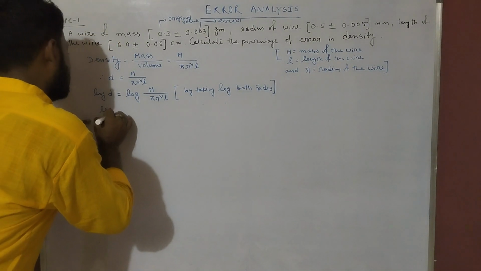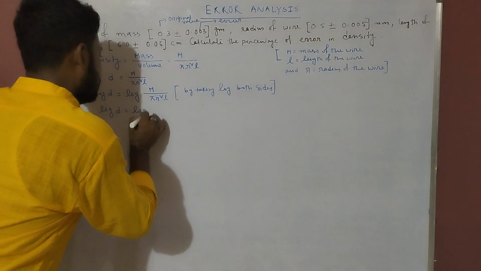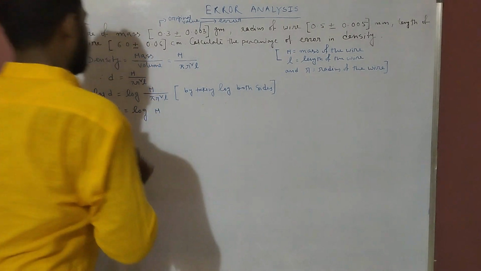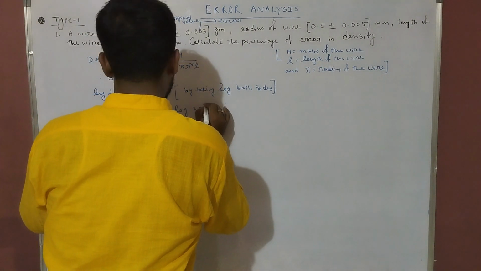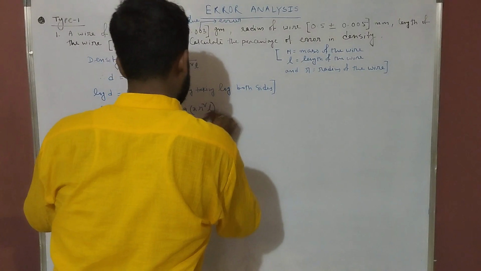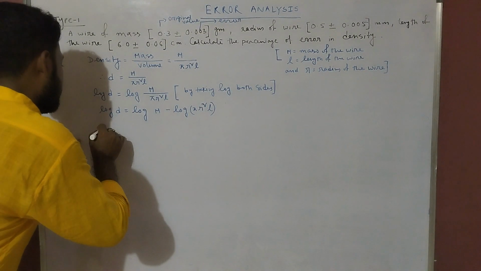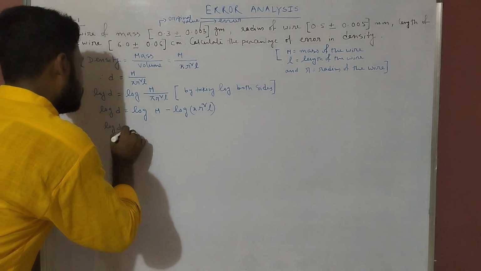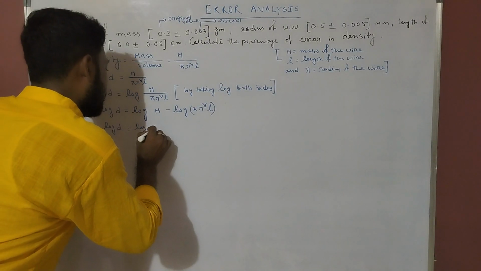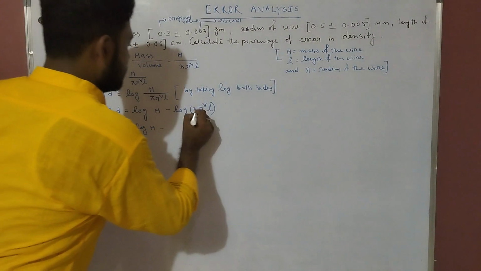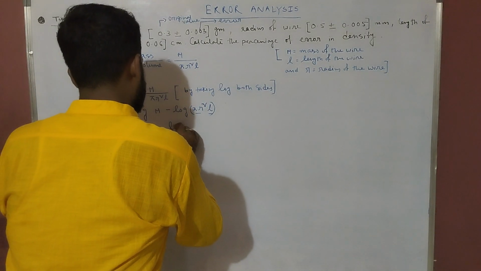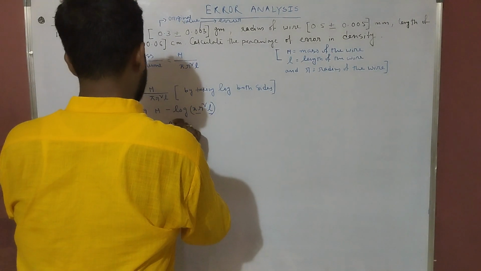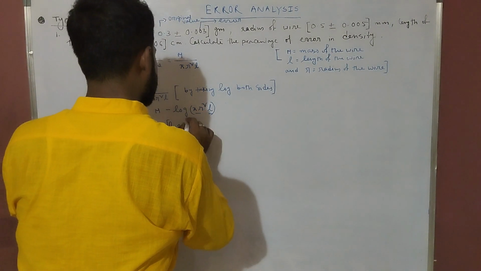So I can write log d is equal to log m minus log pi r square L. Now log d is equal to log m minus, this is log ab, so we can write log ab means what?